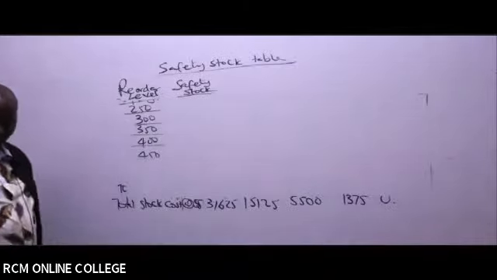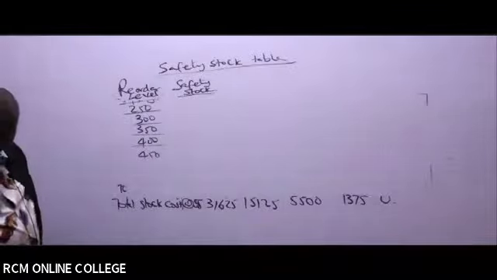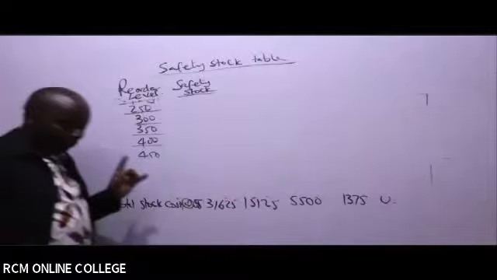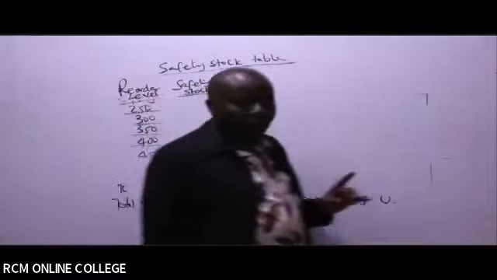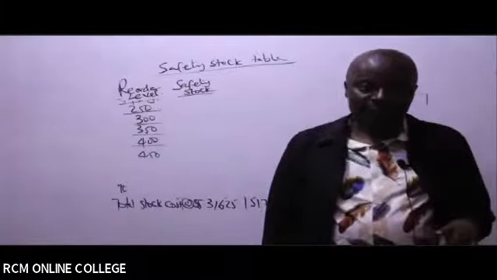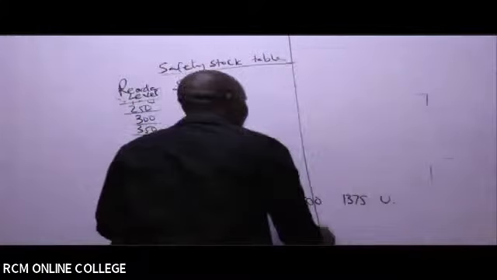Thank you so much. Now, ladies and gentlemen, if you look at the question that we are doing, they spoke about the reorder level. They told us reorder level is 250. Please listen.